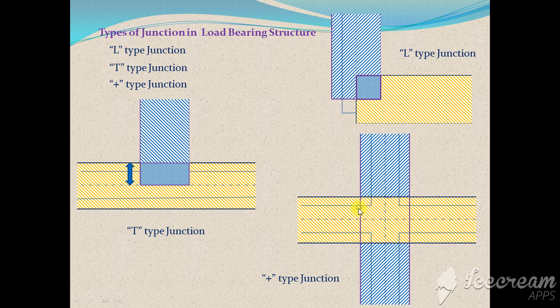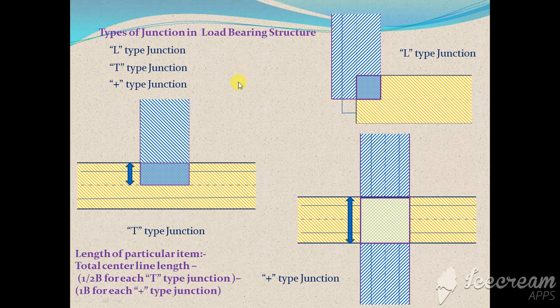It means that this shaded portion shown over here is calculated twice, and hence this portion is supposed to be deducted from the length. So in case of the plus type of junction, one width has to be deducted.